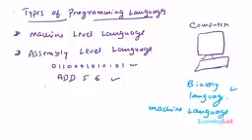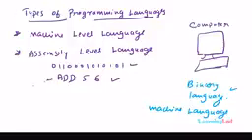Now the thing is, the source code or the program written in this assembly level language by using this numeric or symbolic codes cannot be directly executed in the computer. That is because the computer can only understand the machine language. So what we have to do is convert the code which is written in the assembly level language to machine level language so that the computer can understand it and execute it.